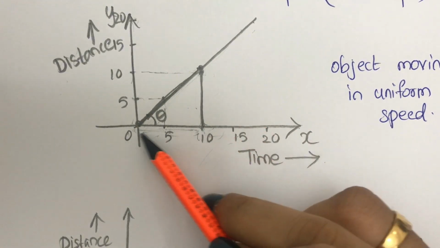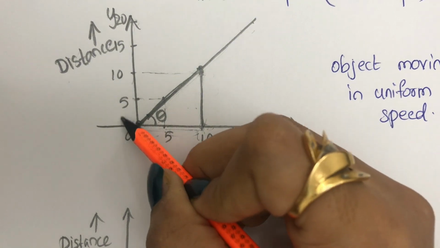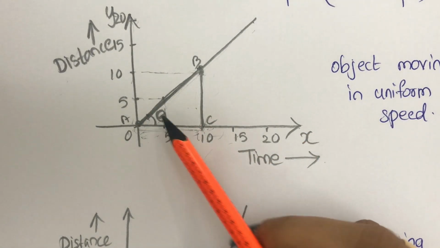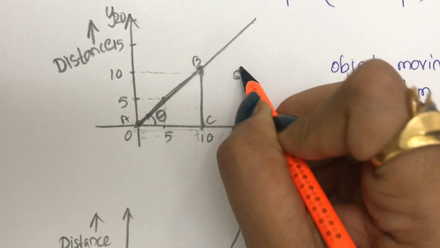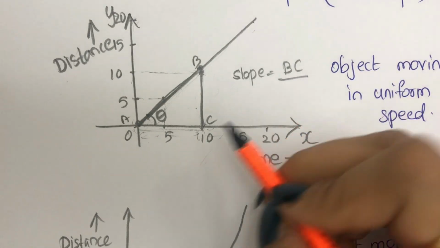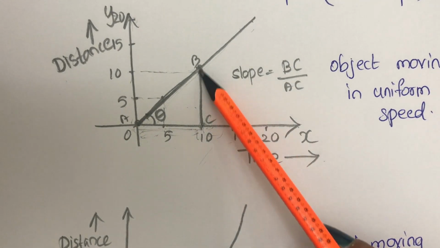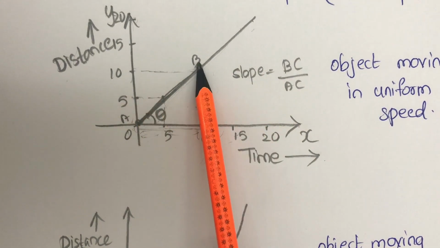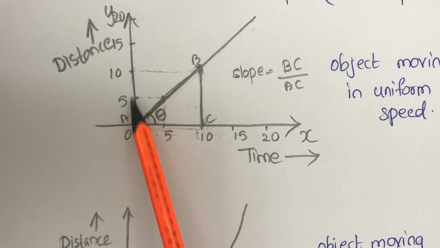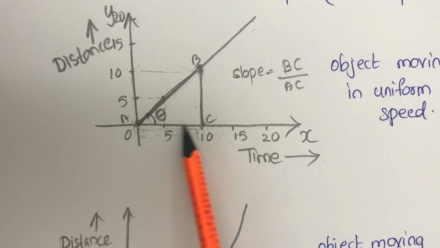For example, my triangle is A, B, C. So the slope here is BC by AC. BC is the distance, equal to this length, no? So this is 10. And AC gives my time.